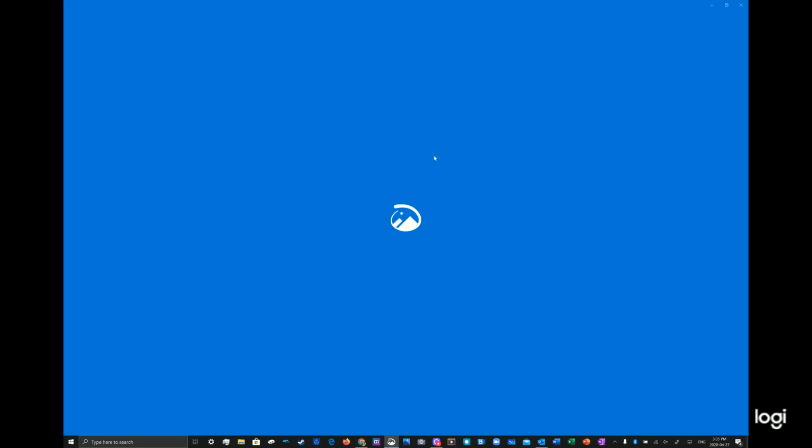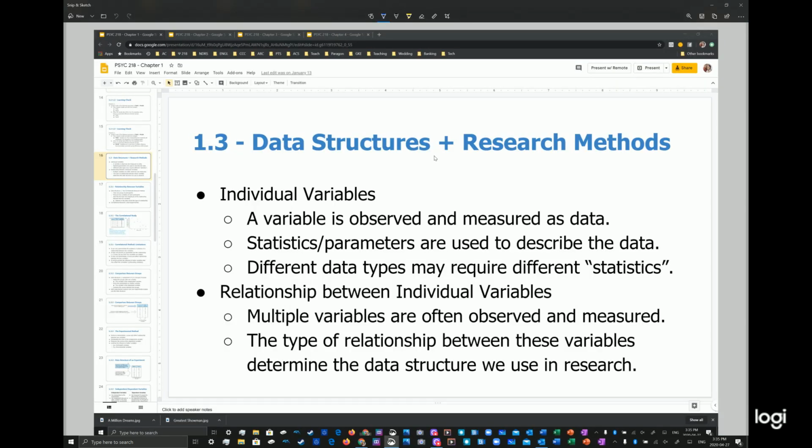So the first thing we have are variables that we've already talked about, and there are different kinds of variables. First of all, we have individual variables. That means for each person or individual, the score changes depending on what we measure.